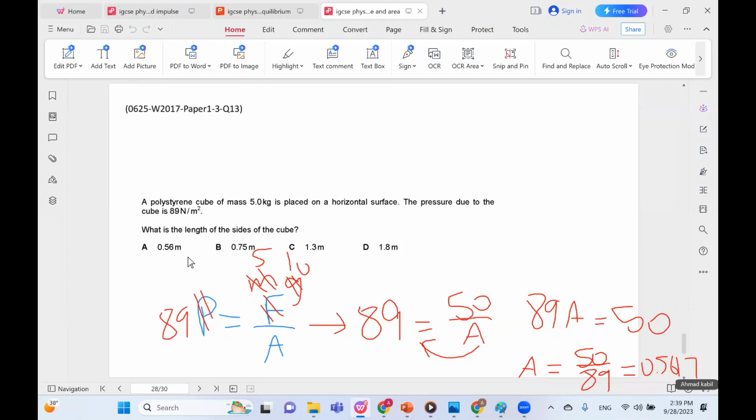Then to get the length of a side, we take the square root of the area, because the area is side times side, so x power 2. So x is the root of the area, and that gives us 0.75 meters. So the correct choice here is choice B.